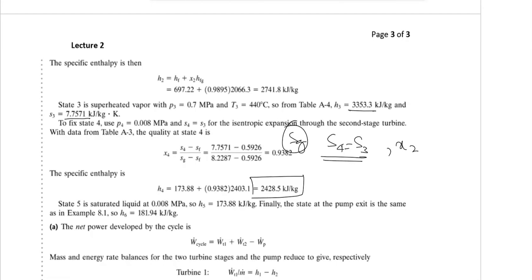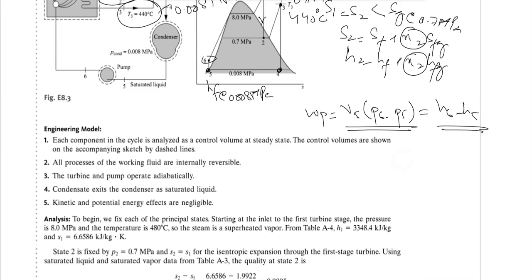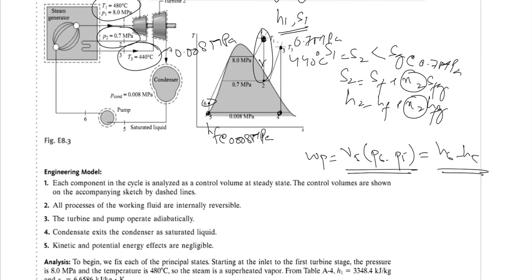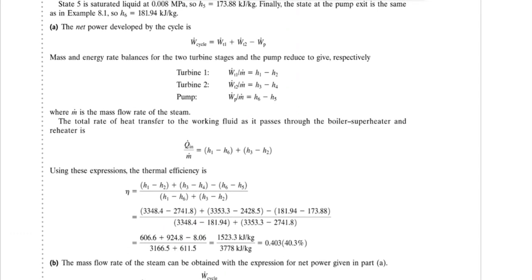Once you find all the enthalpies, then you can find the net power and the thermal efficiency. The net power would be the turbine work from state 1 to 2, plus the turbine work from state 3 to 4, minus the pump work, divided by the heat transfer, which is actually from state 6 to 1 in the boiler, and the heat transfer from 2 to 3 in the reheater.